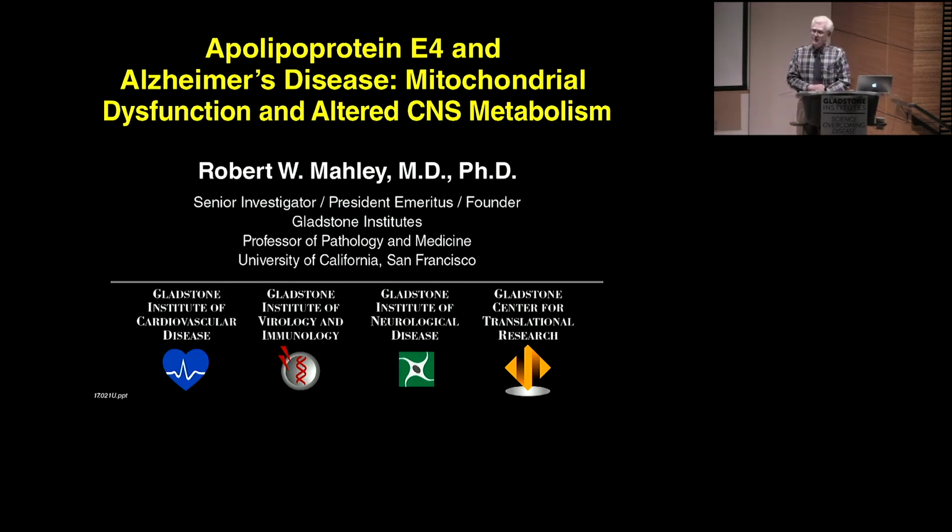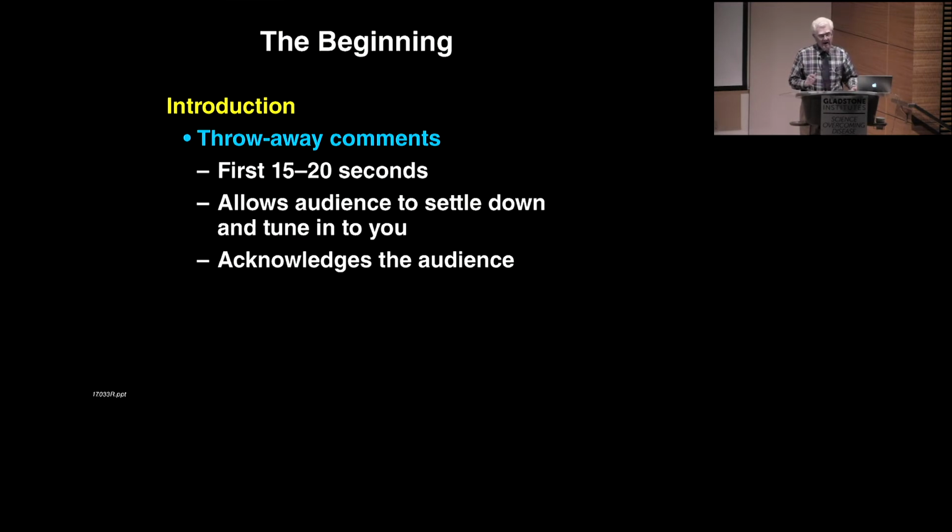It's increasing in prevalence because of an aging population worldwide. And so I will tell you something in the background about Alzheimer's disease. And from the title, you know that this protein involved in this disease affects mitochondria and other aspects of metabolism. So let's talk more now about the beginning.